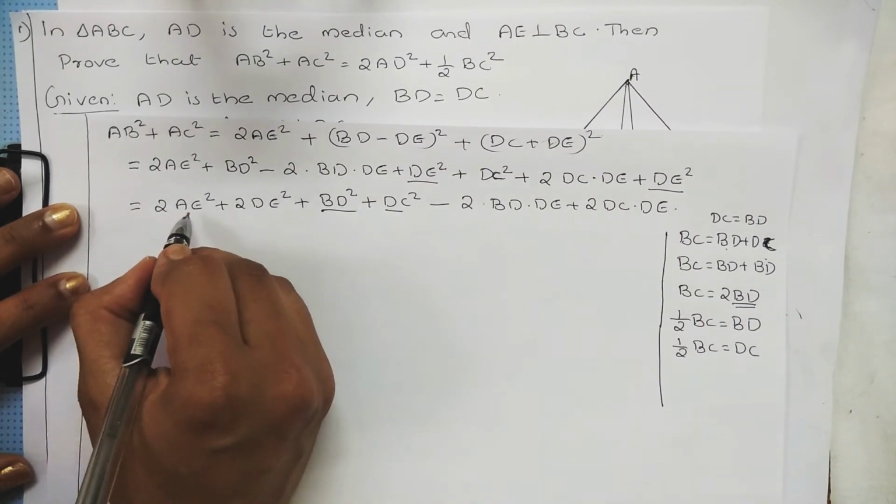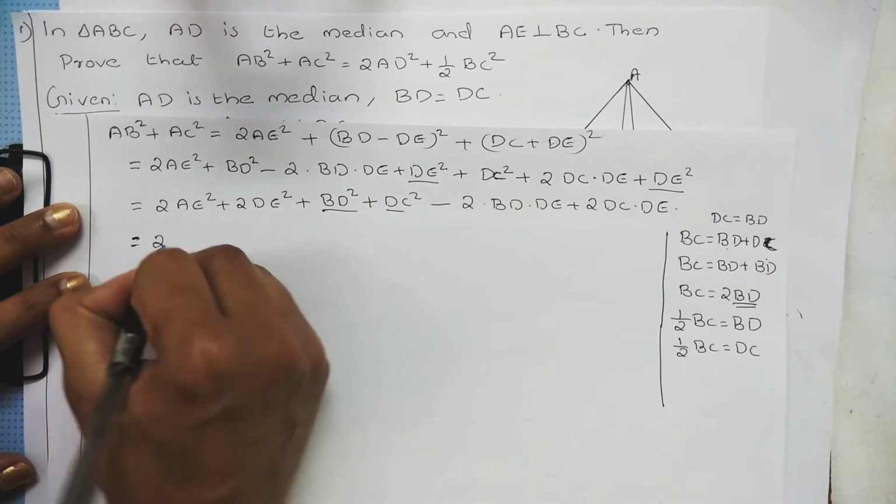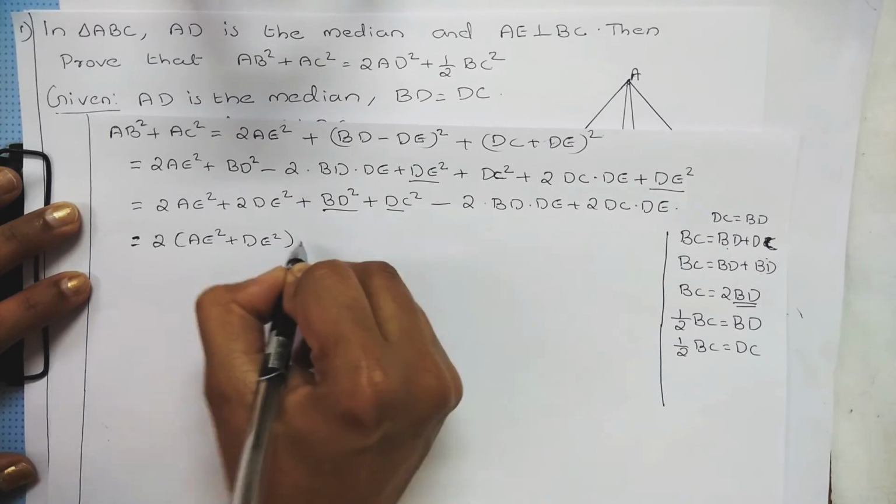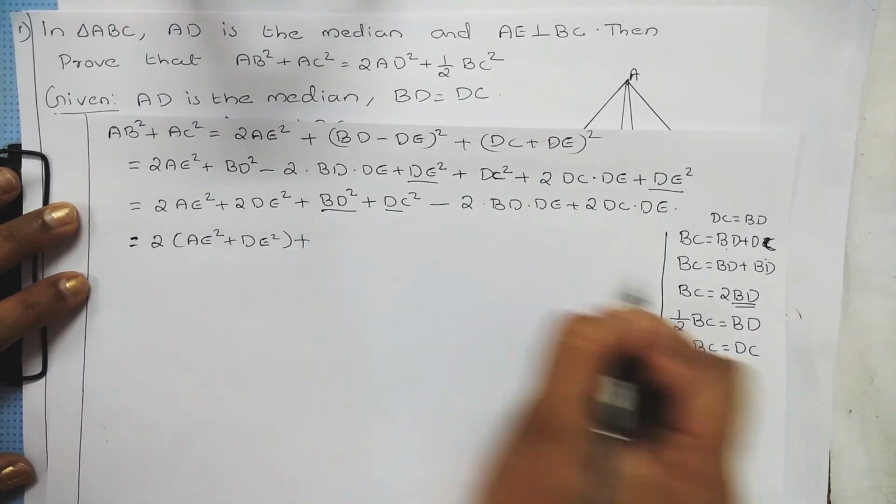Now here 2 is common, right? So 2 into (AE square plus DE square) plus BD square, how are we going to write?